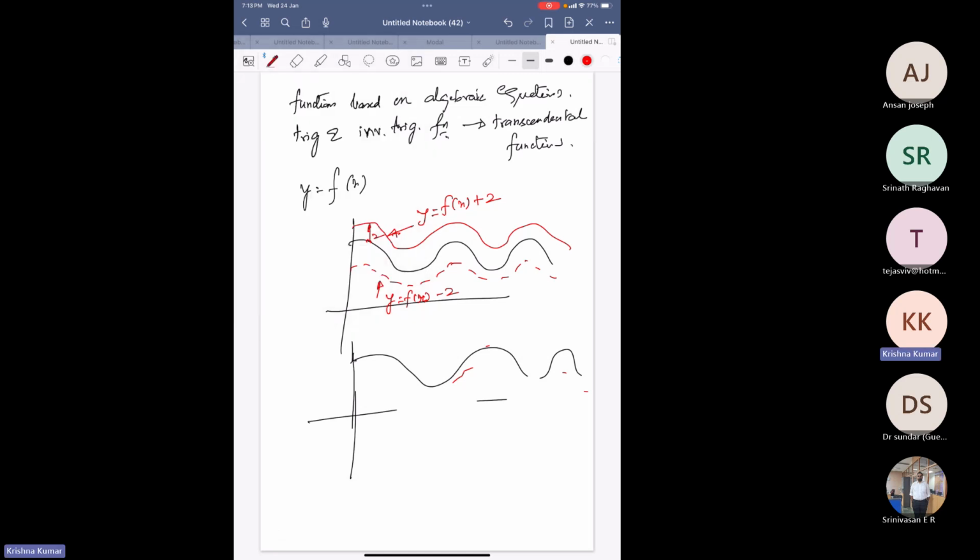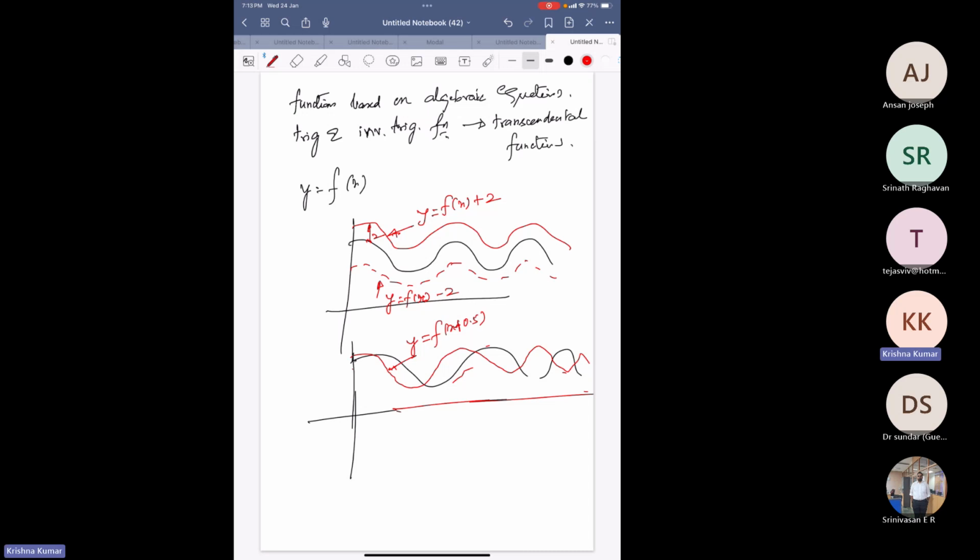That means this point comes here, and it may be like that and so on. Now I'm shifting it to the left. Then the new function that I get is written as f(x plus c). So c is the amount that I'm shifting. Let's give it a value, say 0.5.